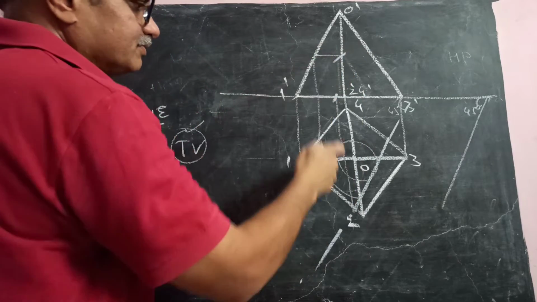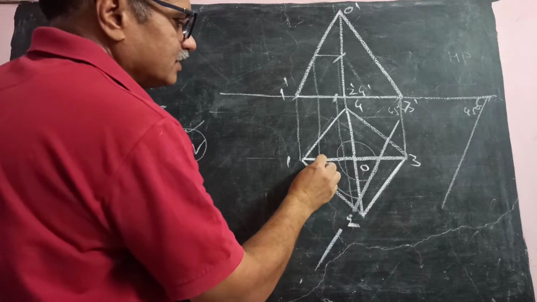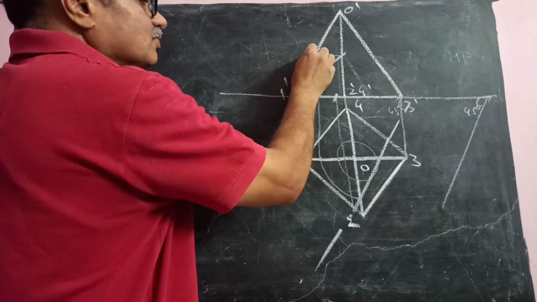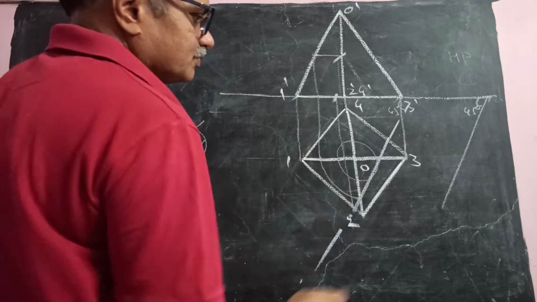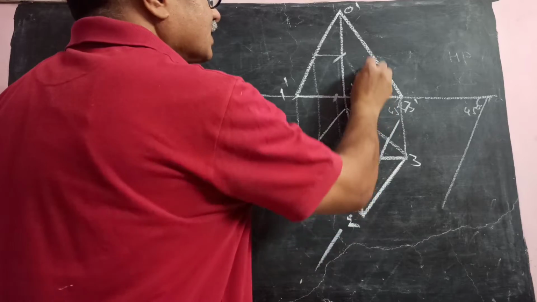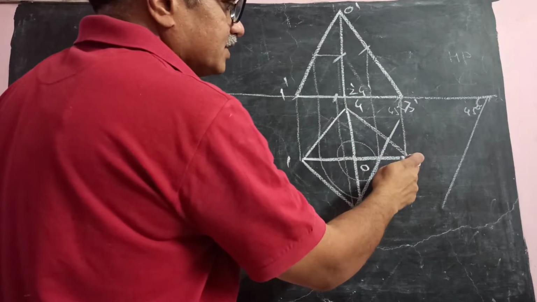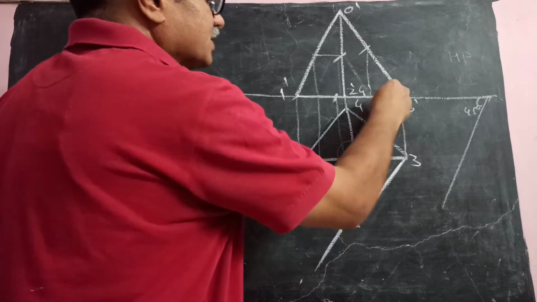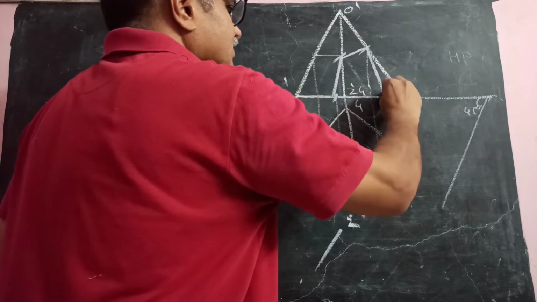This is exactly the reverse of what we did in the earlier problem. Transfer this to O1, project it to O1 dash, and then parallel to XY project it to O2. Here O3 is cut, so you can project it directly to O3. Here the base 4, 3 is cut, so this can be projected directly. So this is the section you have got.